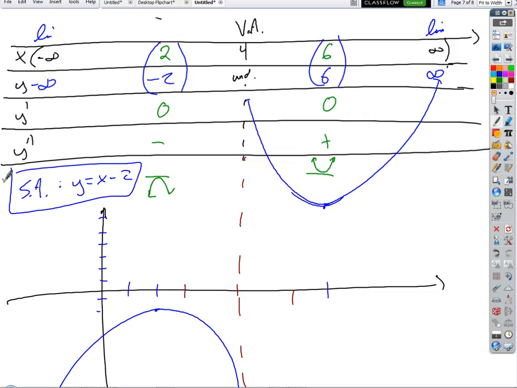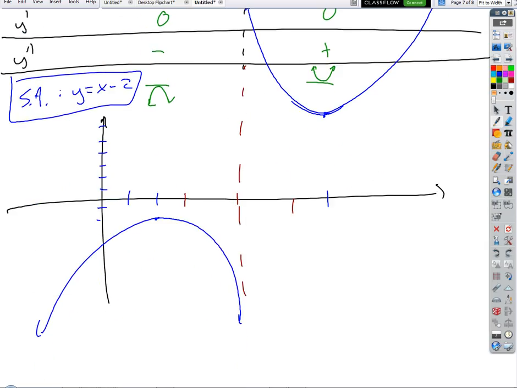Okay, and so look what that does to our picture. It tells us that negative 2 and then my slope of 1 is going to be, this is skewed a little bit because the horizontal scale is stretched out, but it should look like that. So that changes what our graph looks like just a little bit.